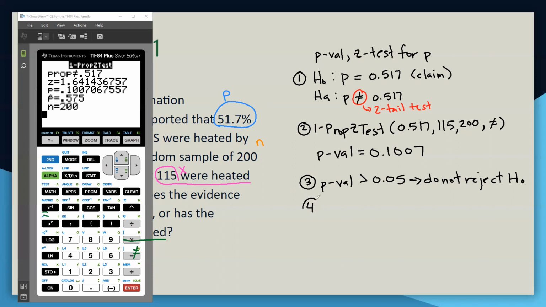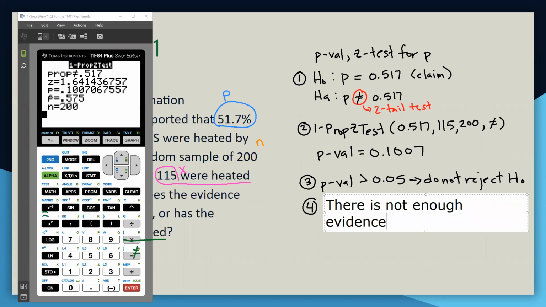For step 4, all we have to do is summarize that. And remember that we're looking at two things. Did we reject or not? And then what was our claim? In step 3, we did not reject, so there is not enough evidence. Then we go back and look at our claim to figure out, are we supporting or rejecting?